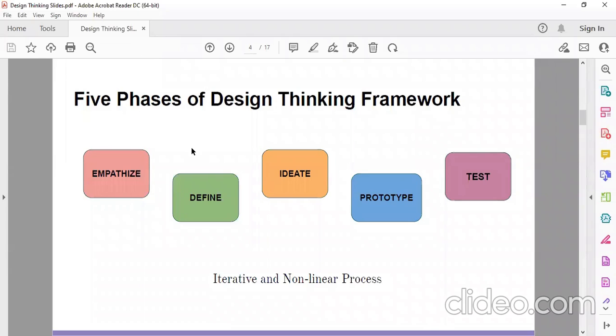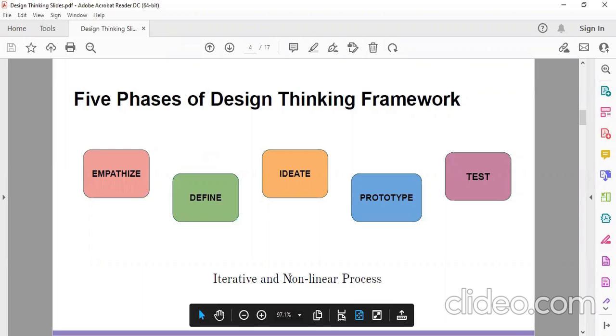Now we'll see the phases of the design thinking framework. There are 5 phases. You can see them here: Empathize, define, ideate, prototype, and test. We are going to see each of them separately, and we are going to discuss them. Before that, here I have mentioned that it is an iterative and non-linear process.